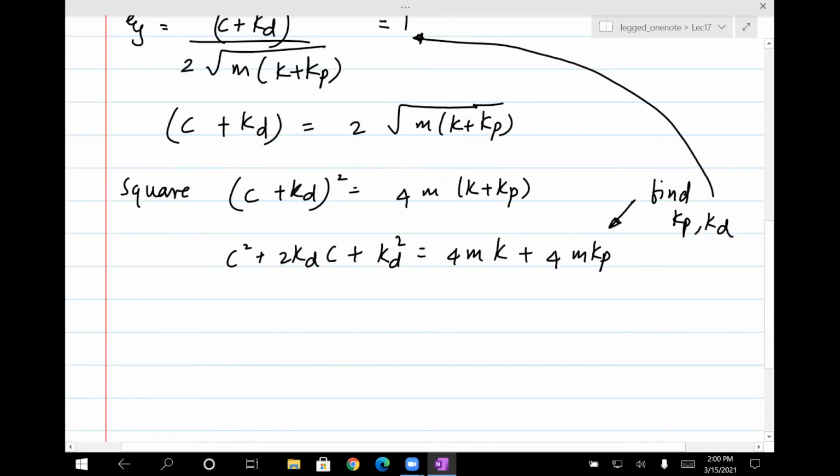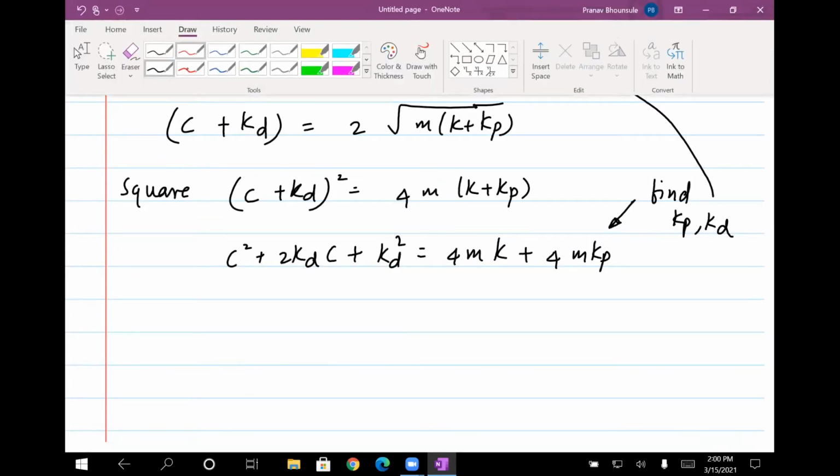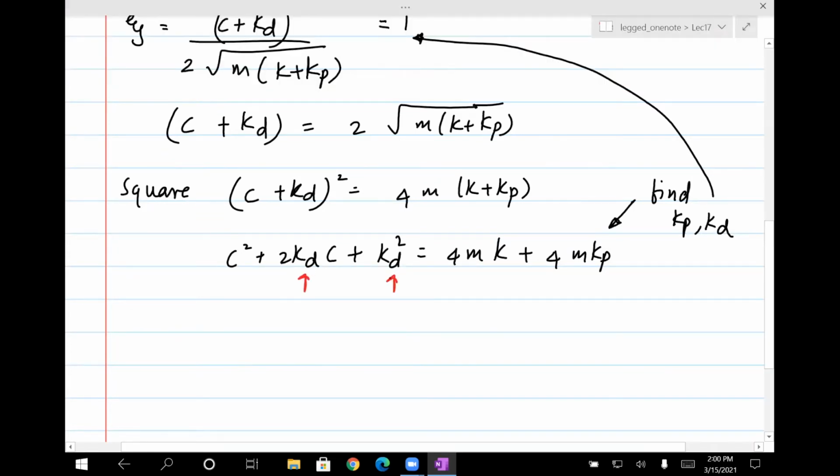Now, if you look at this equation, you have two variables which you can control. This is one, and this is the second one. So we have one equation and two variables which we can control. So clearly we have ample choices here. We have infinitely many choices because there are two variables and one constraint.